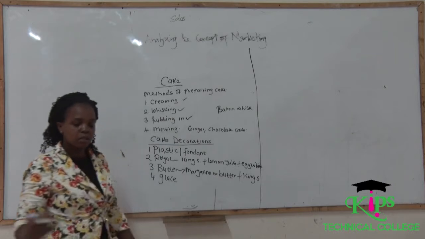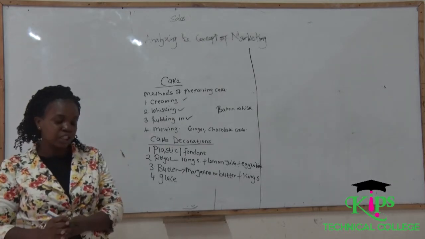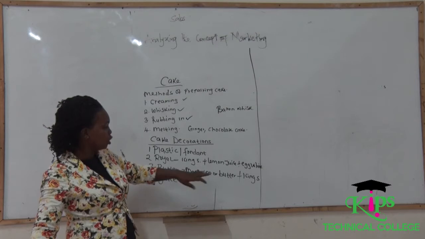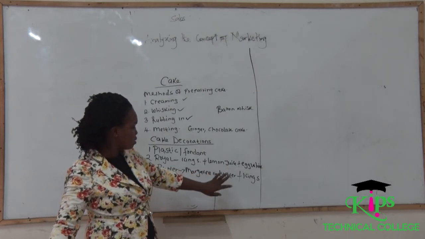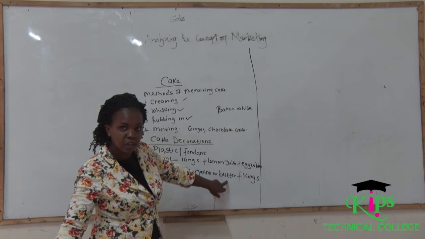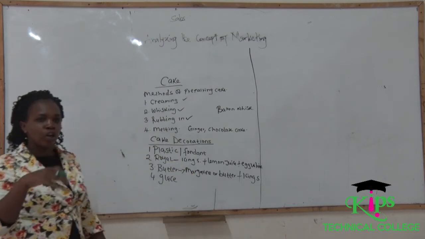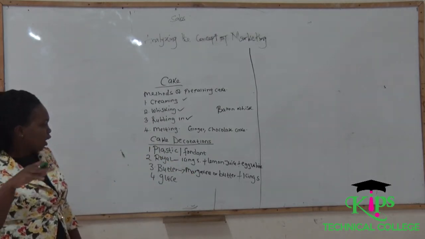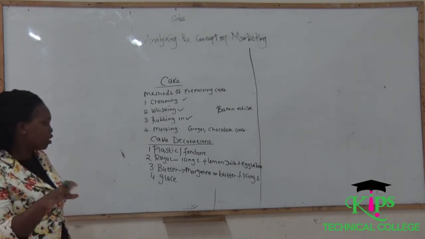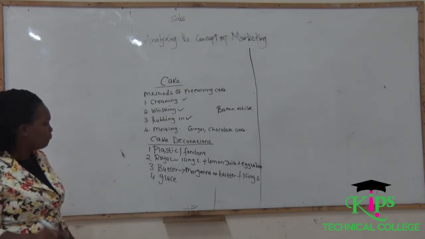You can add an essence, just for flavor. So with this one, you mix the margarine with the icing sugar. You can melt the margarine or the butter, whatever you're using, and then you use the wooden spoon. Then you make butter, that's what's called the butter icing, and then you apply it onto your cake.